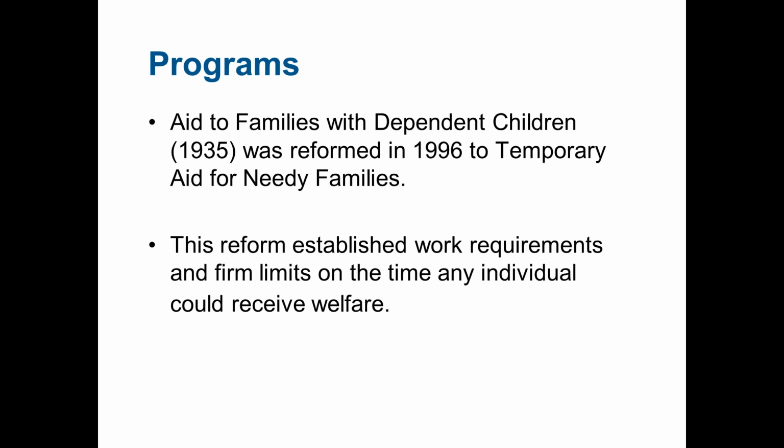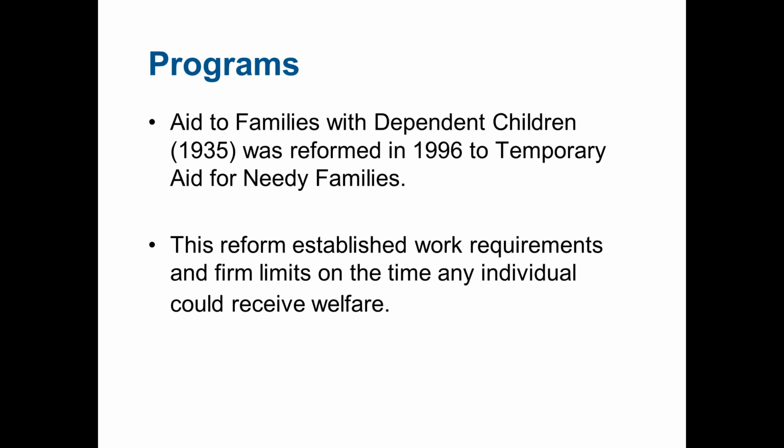When we get into 1996, though, it starts to become not too popular among the broader electorate. So there are widespread sentiments that it's being abused, that some of the people on these welfare programs don't necessarily deserve it, or they're not working hard enough to get off of welfare.